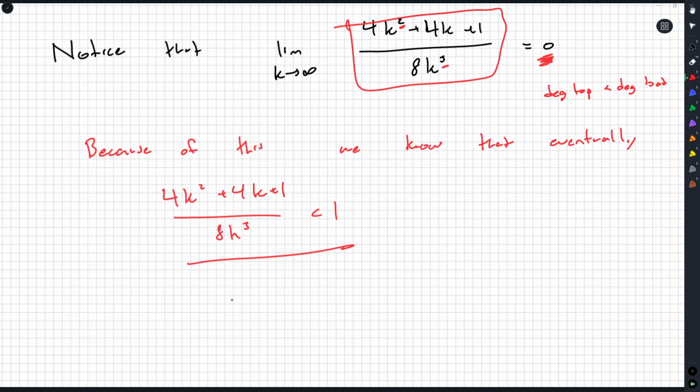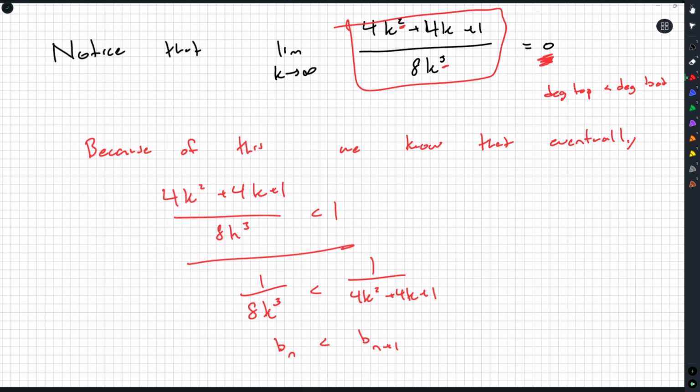But if we rearrange it, divide both sides by 4k squared plus 4k plus 1, which is positive, so the inequality sign does not need to flip around, we have this, but that's b_n, and we see that b_n is less than b_(n+1), which is the wrong thing.